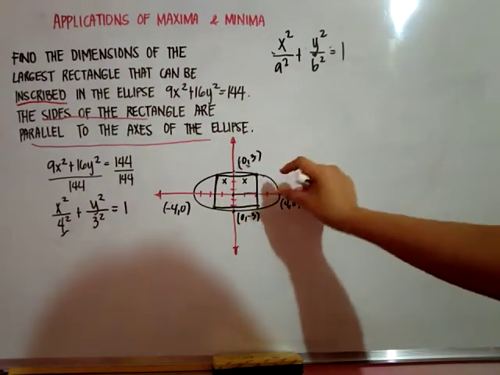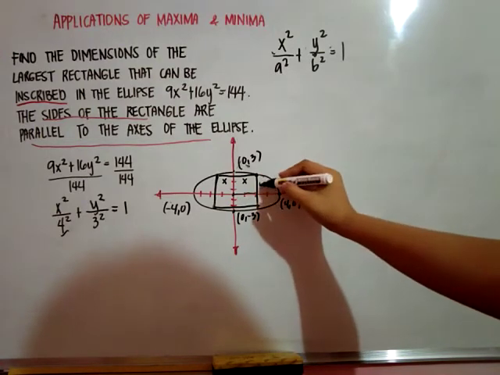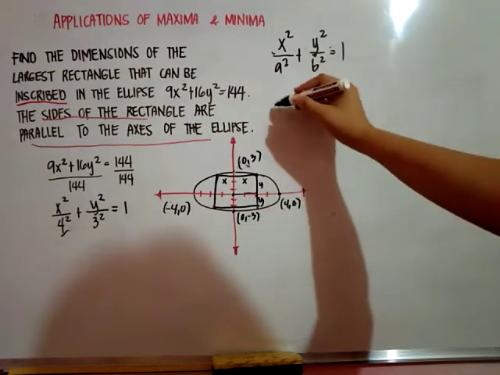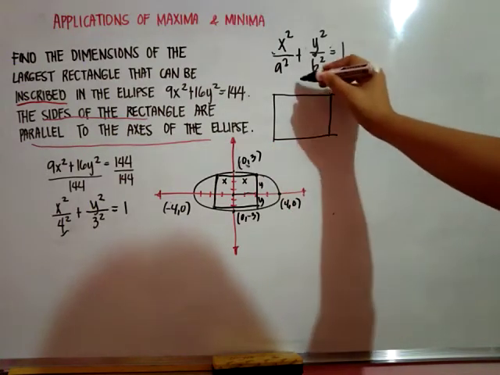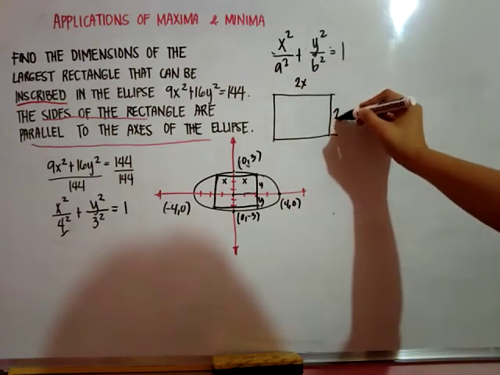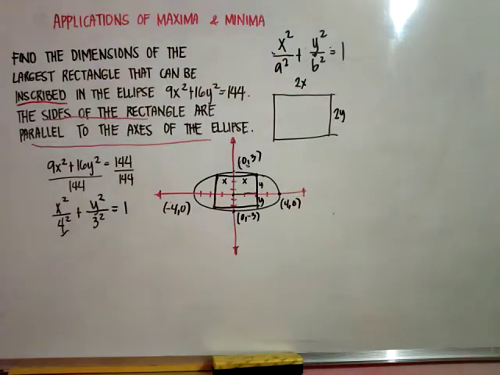And then, what about the height? So, this is y, and then y. So, therefore, our rectangle would be 2x and 2y, the dimensions of our rectangle. So, we have assigned variables to our unknown quantities.